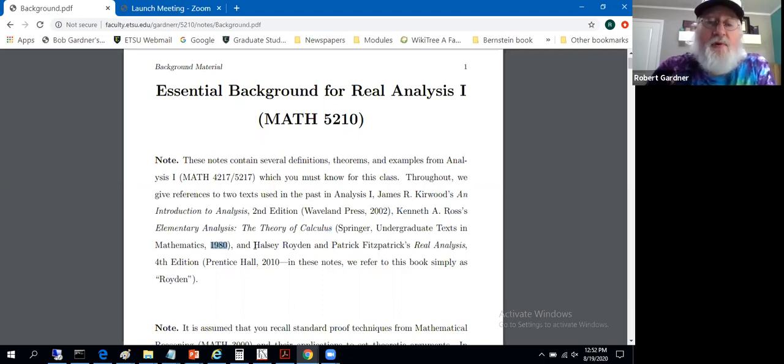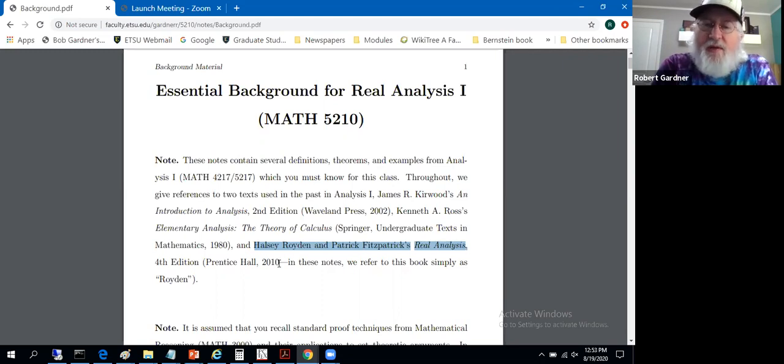And the book that we'll refer to most often throughout the course is Halsey Royden and Patrick Fitzpatrick's Real Analysis. Fourth edition, 2010. There's a revised printing out that's fixed a few of the typos in the 2010 edition. I'll supplement the class with some other things, not too much.